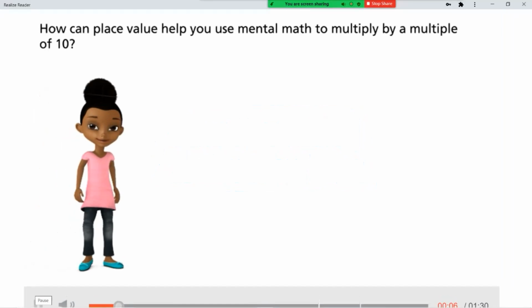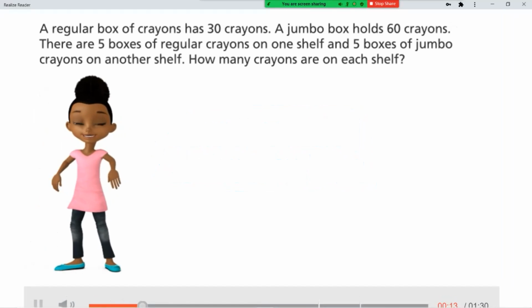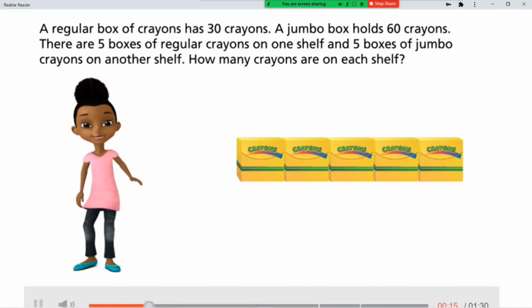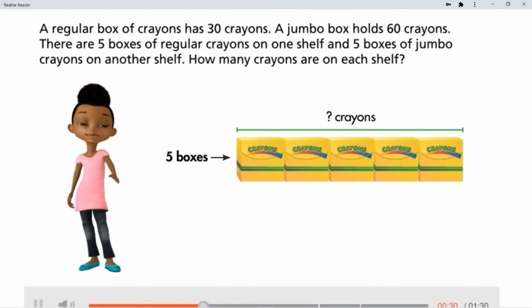How can place value help you use mental math to multiply by a multiple of 10? A regular box of crayons has 30 crayons. A jumbo box holds 60 crayons. There are 5 boxes of regular crayons on one shelf and 5 boxes of jumbo crayons on another shelf. How many crayons are on each shelf?